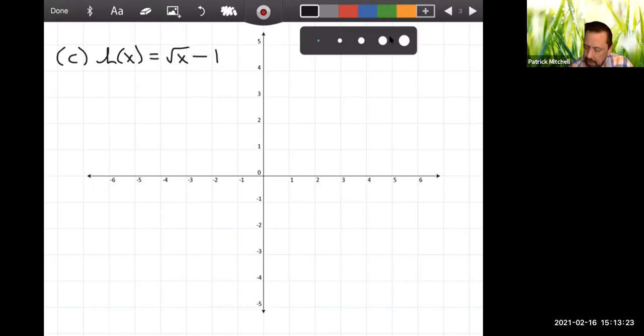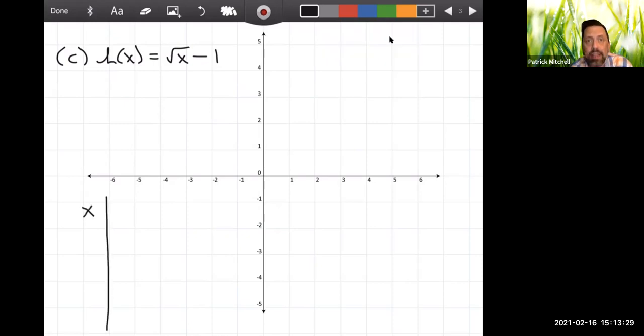So that means two things. Number one, I am not going to use any negative values of x. What did we talk about a few slides ago? You can't take the square root of a negative number. That comes out to not a real number. And when I'm drawing graphs, I'm only interested in real numbers.